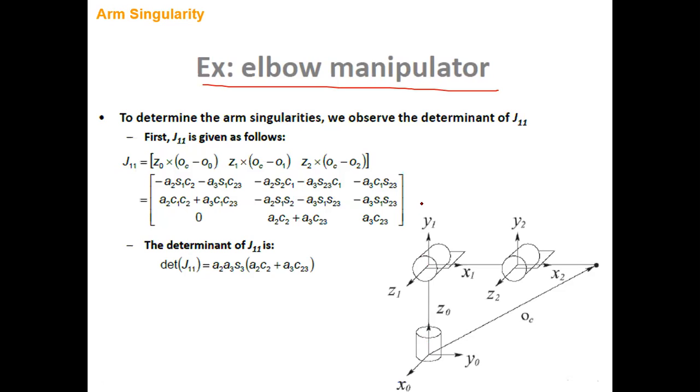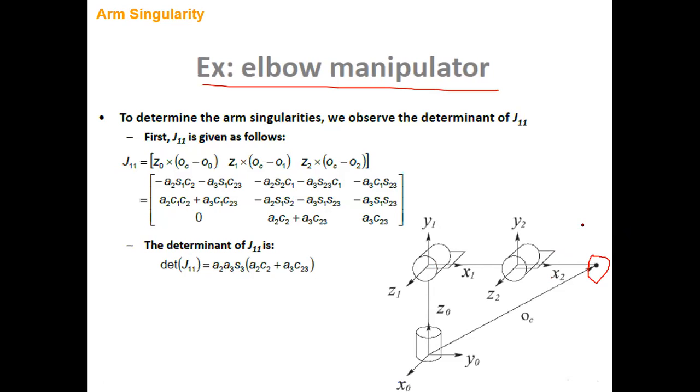In the wrist we also had 3 revolute joints, but in our particular arm here, which is called the elbow manipulator, we have 3 joints. Now if you want to make the entire manipulator, then you have to put the wrist here. So 0, 1, 2, then 3, 4, 5, 6. That becomes our complete robot.